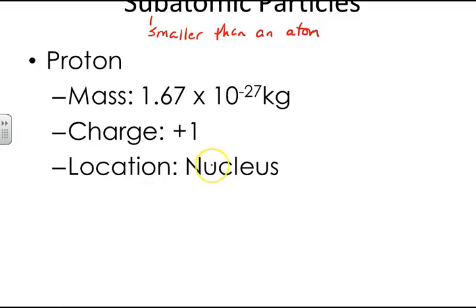And it's located in a part of the atom known as the nucleus. The nucleus is the center of the atom. So this nucleus contains all of the positive particles in the atom.